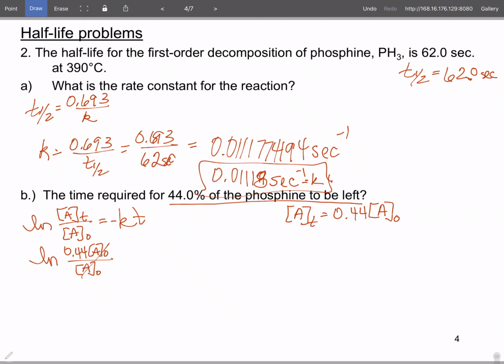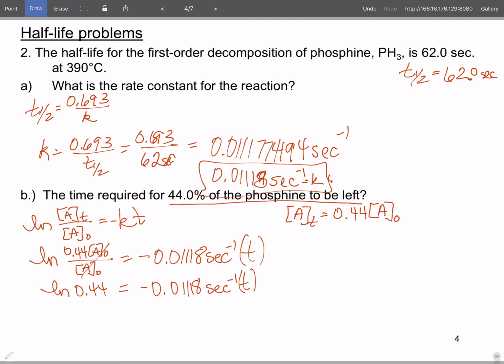So those cancel, is equal to minus 0.01118 seconds to the minus 1 times our missing time. So we end up with the natural log of 0.44. And again, you don't have to write each of these steps, but whatever floats your boat.